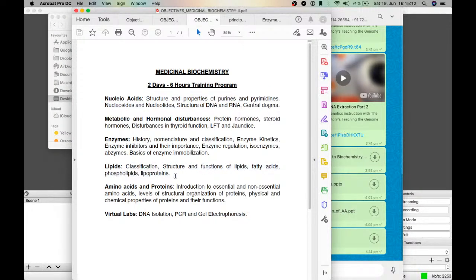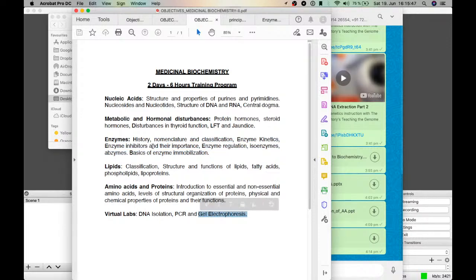So we are done with phospholipids, we are done with the amino acids, we are done with the PCR, DNA isolation, right? Okay, I have to do something with the enzymes. I will do it. This is done, this is done, this is done. Gel electrophoresis left. We are done with the first part. Yeah. So hormonal, this we will do maybe tomorrow, and this enzyme part. Okay. So today we will do this gel electrophoresis, right?